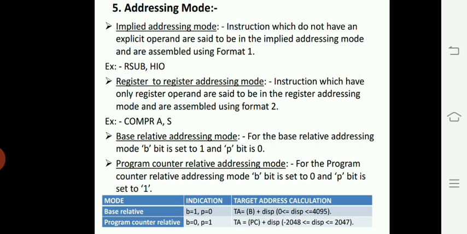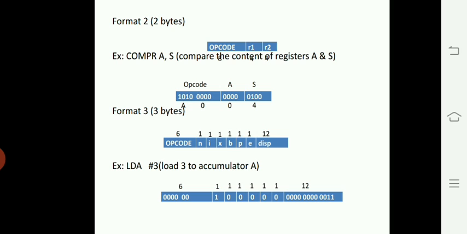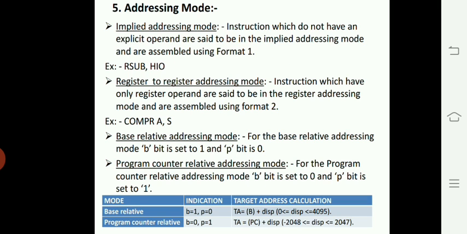In the case of base relative addressing mode, the target address is calculated by adding the content of base register B with the displacement specified in the instruction. The displacement should be in the range of 0 to 4095.